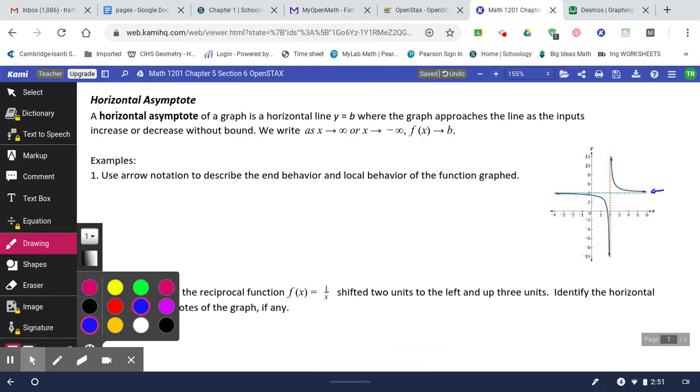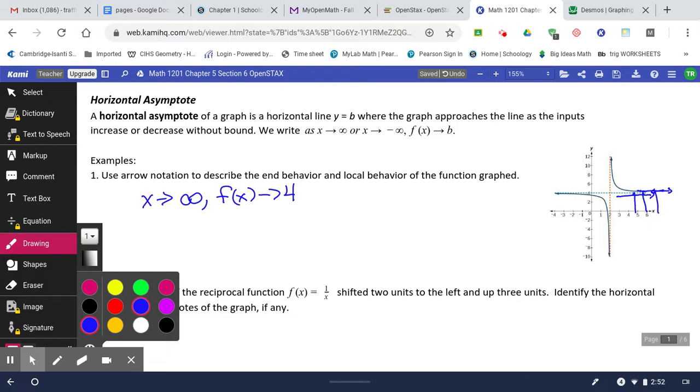So what is happening as x goes larger and larger, like at 5, at 6, at 7? What is the y value doing? As x goes to infinity, f of x is approaching the number 4.